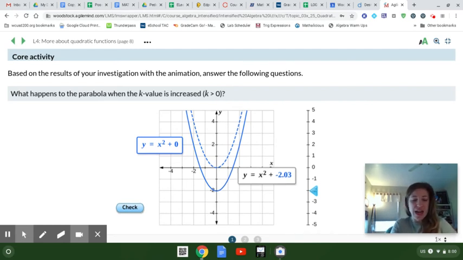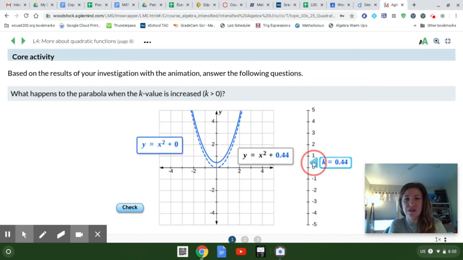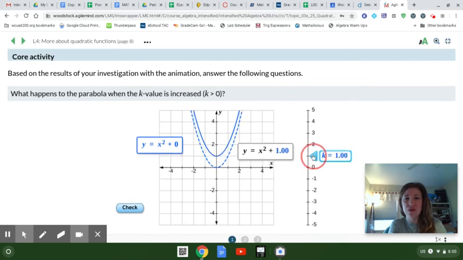So as we work on this screen, we're going to fill in 7a. And 7a has this question right up here. What happens to the parabola when the k value, that value that we're adding or subtracting at the end, is increased? Okay, so I'm going to reset this to 0. What happens to your parabola as that k value increases? Well, notice I put that k value increase to 1.